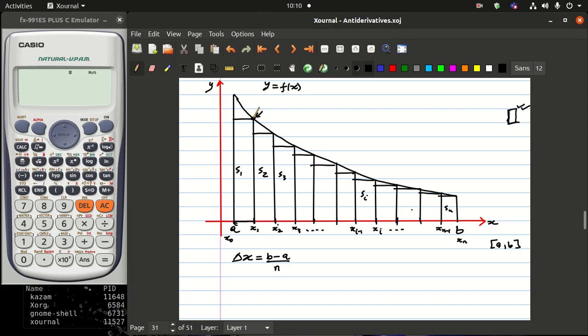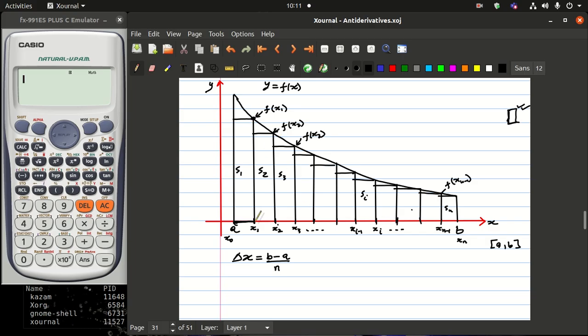What is the value of the function? The value of the function is going to be the height of this rectangle. So it's going to be f of x1. And then here, it's going to be f of x2, and then f of x3, and so forth up until you arrive there, f of x of n minus 1. So these are the heights.